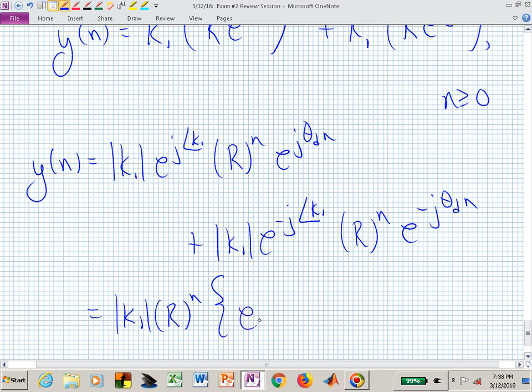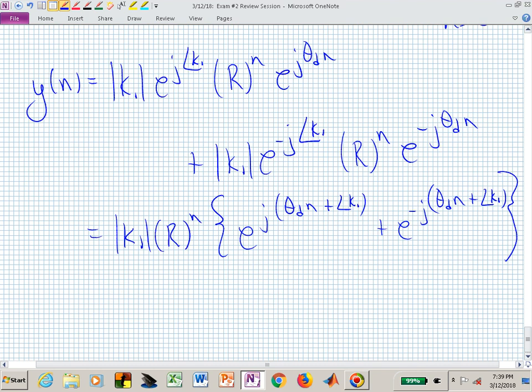Well, now we have e to the j theta sub d n plus angle of K1, plus e to the minus j theta sub d n plus angle of K1. And that should just be screaming at you as far as what that represents. This is 2 times the cosine of theta sub d n plus the angle of K1.